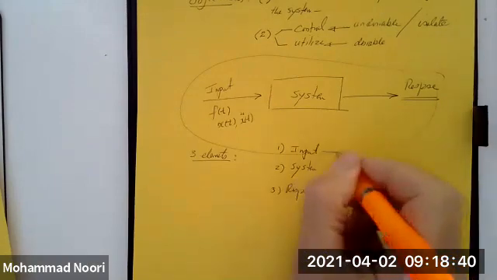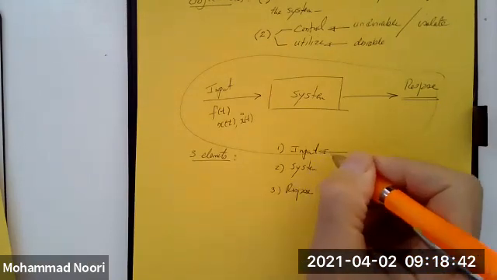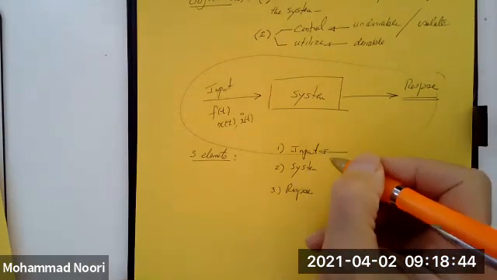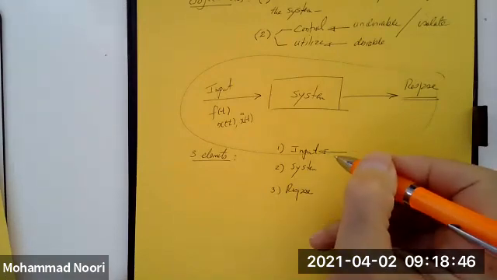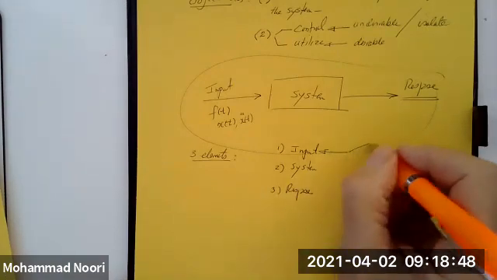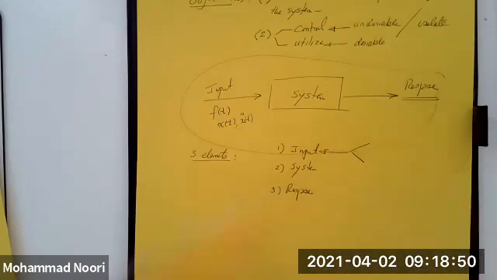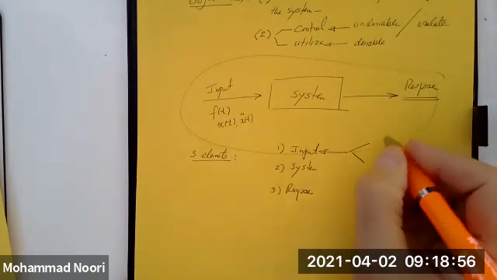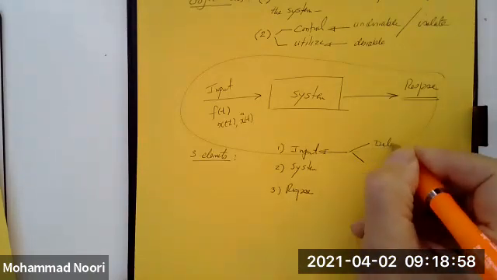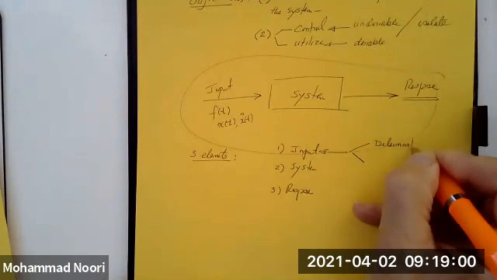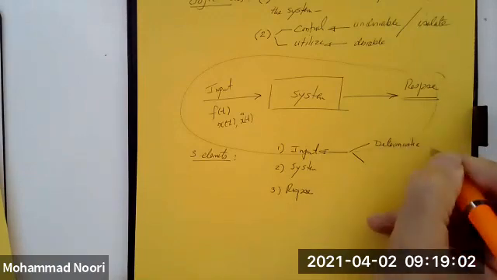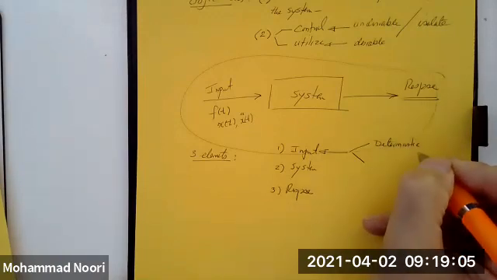What is the input? Input can be a force or a displacement, but also, depending on the type of input, we may have different types of vibration. This input can be a deterministic source, a deterministic force.